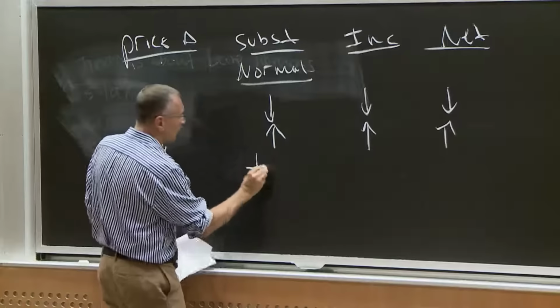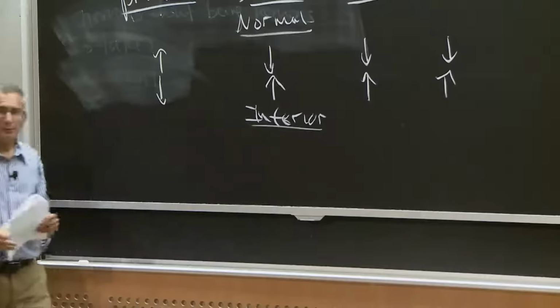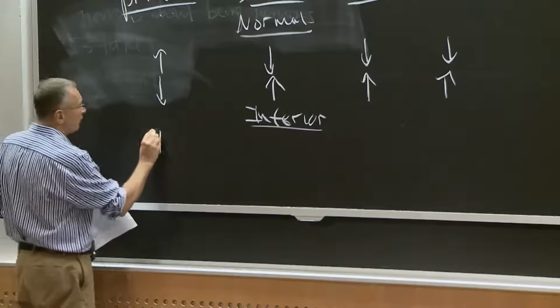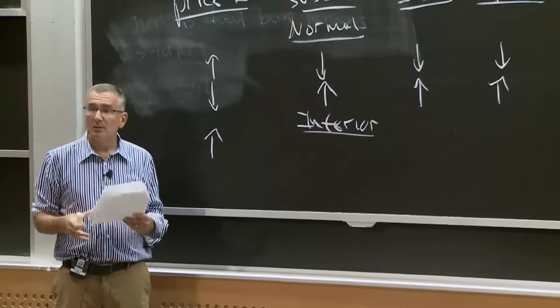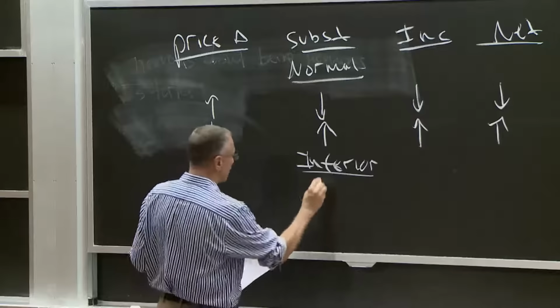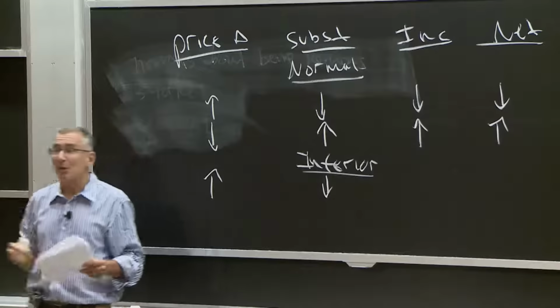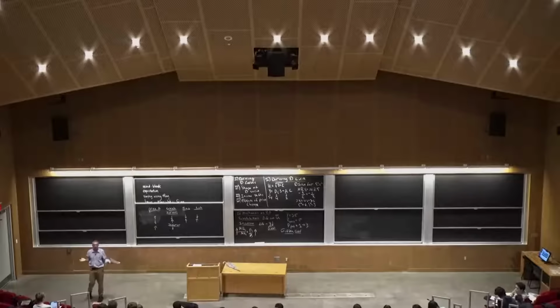Now, what's more interesting is what if these goods were inferior? What if cookies were inferior? So now when the price goes up, what happens to the substitution effect? Through the substitution effect, demand goes down, as this gentleman helpfully pointed out. Why? Because we know the sign of substitution effects are always the opposite of the price change. No mystery there.